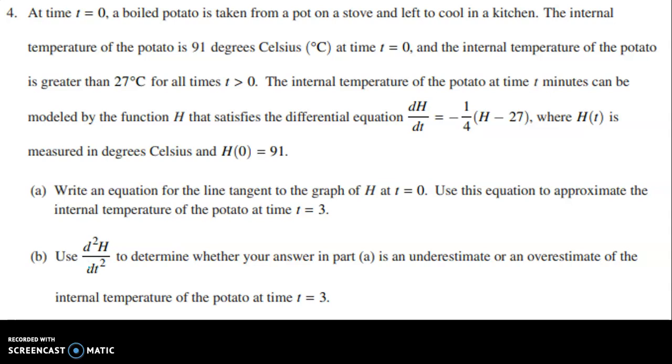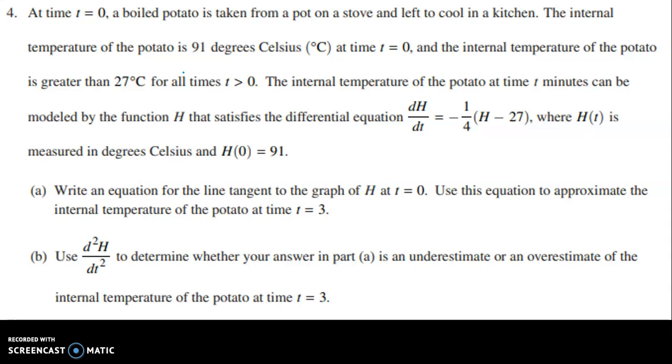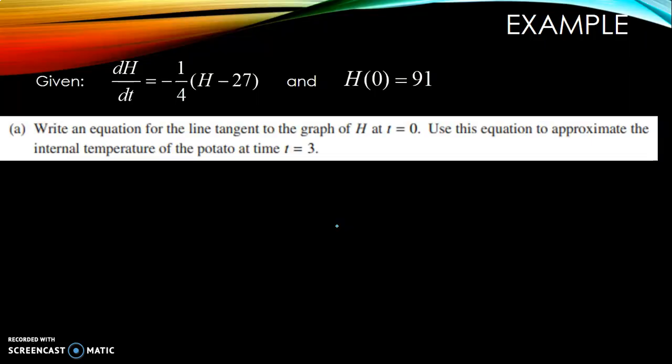And then based on the second derivative, we're going to determine whether our answer in part A is an underestimate or an overestimate of the actual temperature. Remember, we're just going to be looking at whether it's concave up or concave down to determine if it's an over or underestimate. All right, so this is what you're going to want to get copied down into your notes.